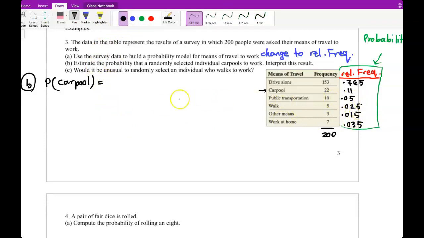Okay, so that is equal to 0.11 or 11%. We should interpret what that means. This 0.11 is equal to 11 over 100, or we can also say 110 divided by 1000. I multiplied the numerator and denominator by 10 to get this.